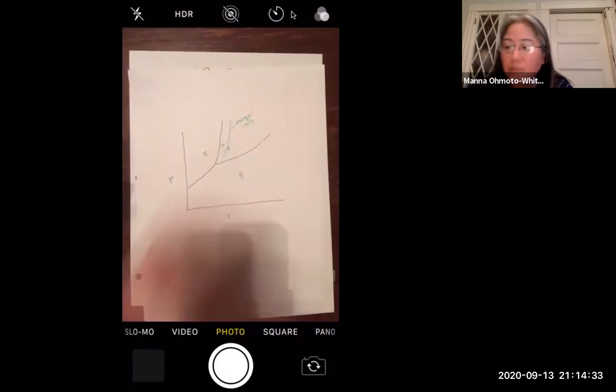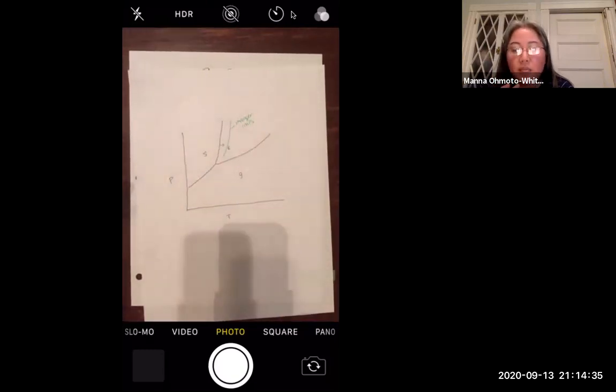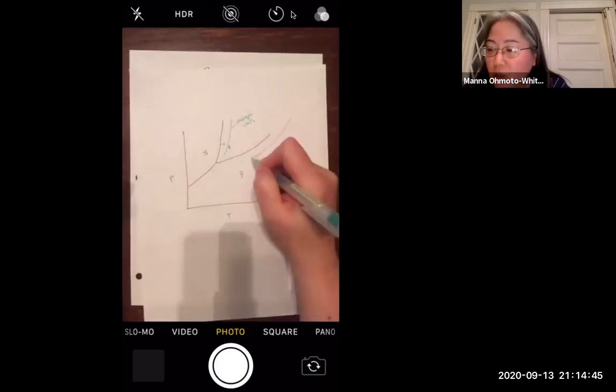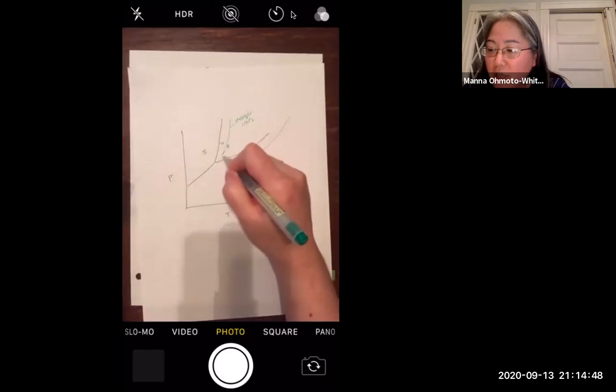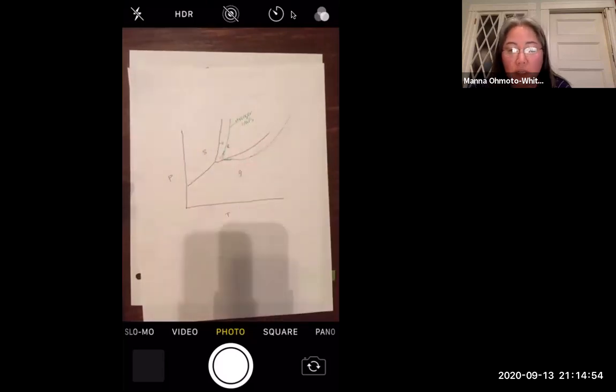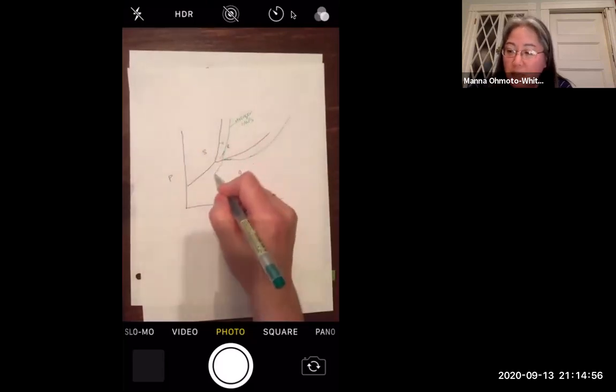Think about the liquid to gas transition as well. If I have strong intermolecular forces of attraction, I would also expect this to shift over, because the boiling point at any given pressure would also shift. And similarly, I would expect my sublimation line to shift.